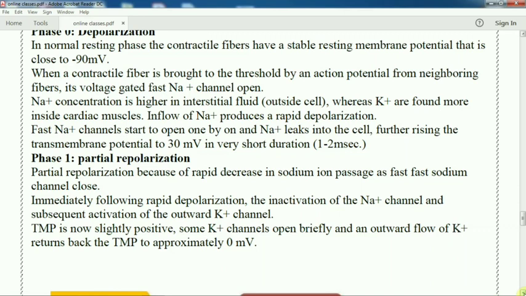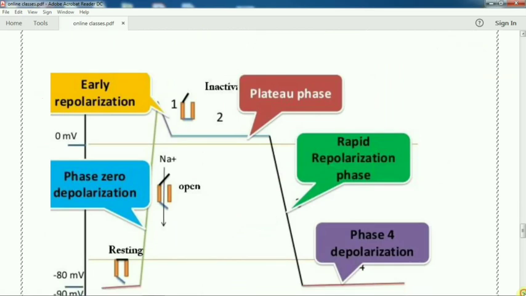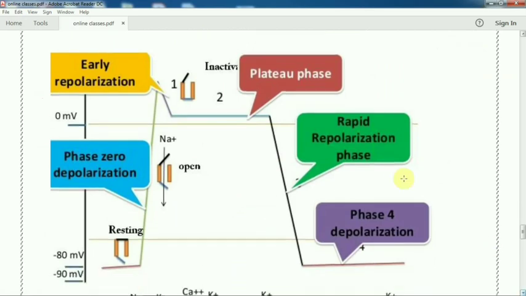So this is the partial repolarization in phase 1. What happens? The sodium channel is blocked or rapidly decreased, the potassium channel opens, and potassium comes out from inside to outside, so the membrane potential comes to 0 millivolts. Now see the figure again, the early repolarization stage.